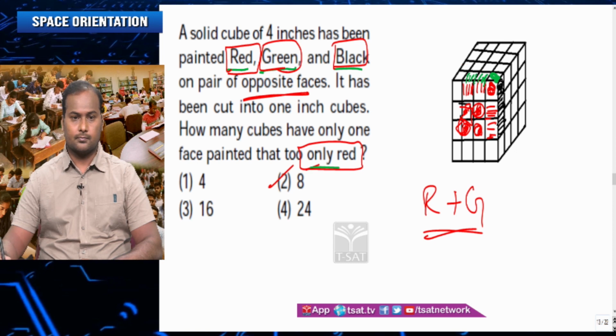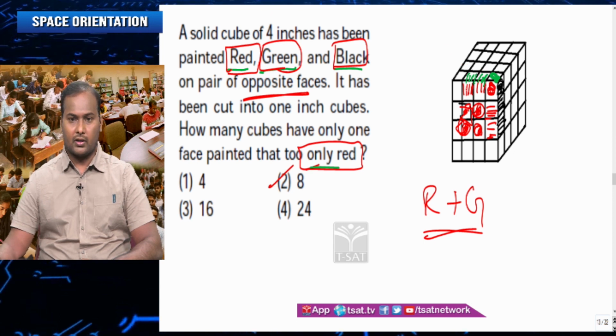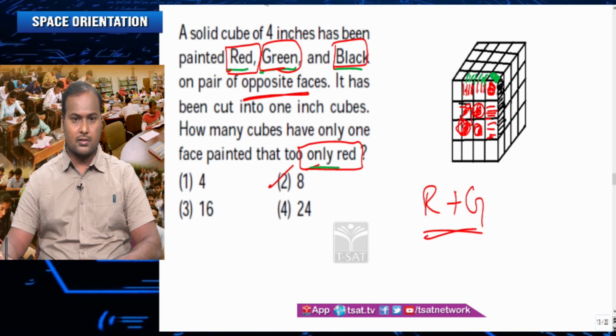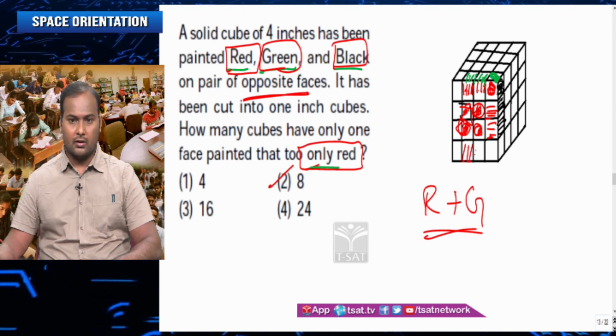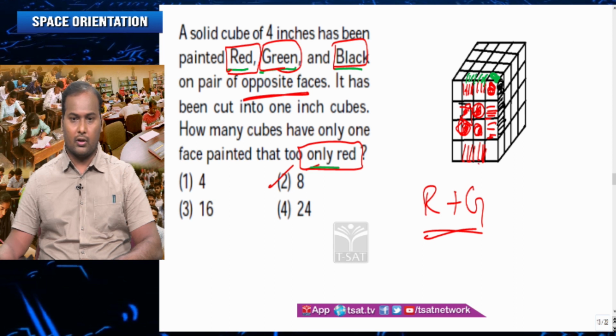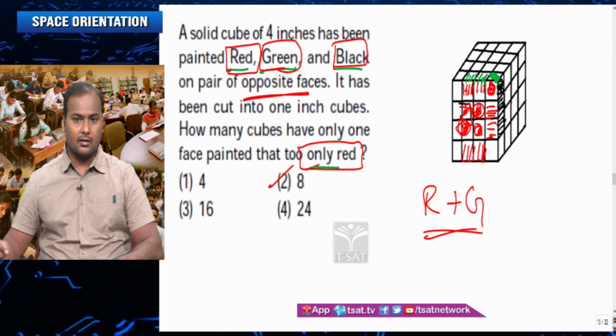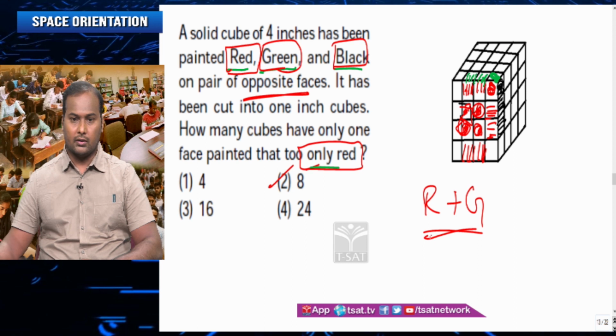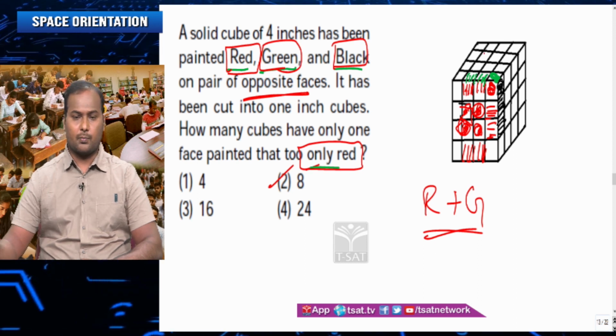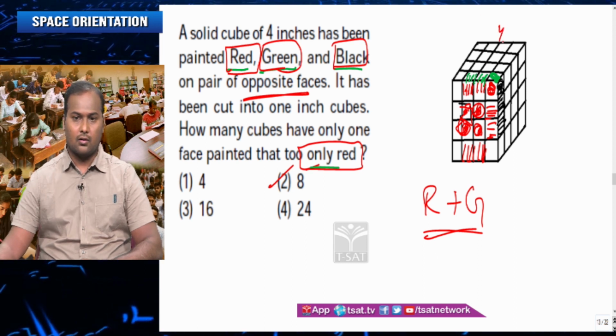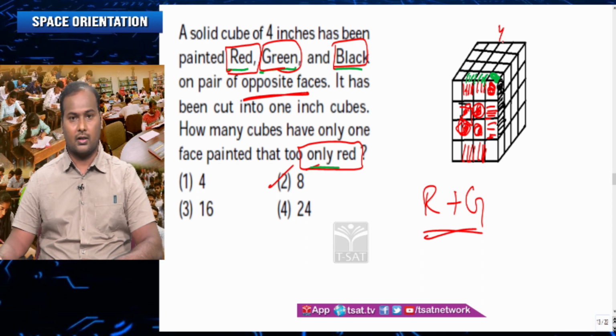Now you take the edge. One edge here on top you can see red and green. In the same way bottom also red and green. In bottom also here you have red and at the bottom you have green, because opposite faces are green here. So here 1, 2, 3, 4. In the same way it is also possible in the back. Here also 1, 2, 3, 4. Then also you will get the answer 8.